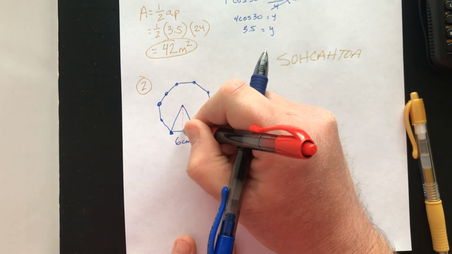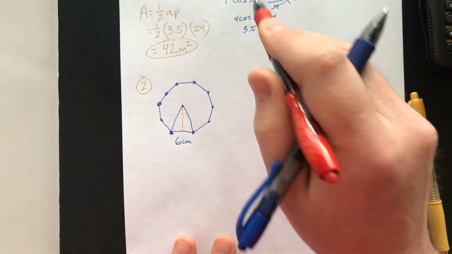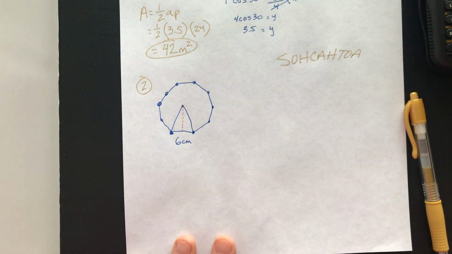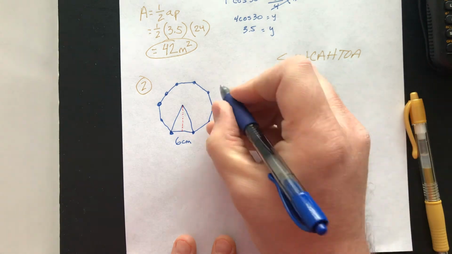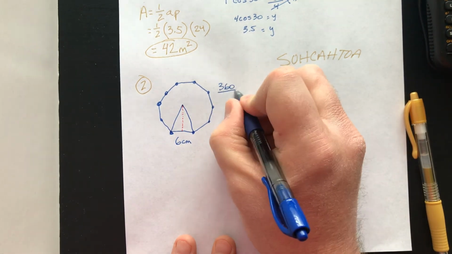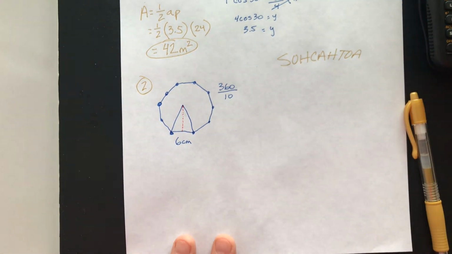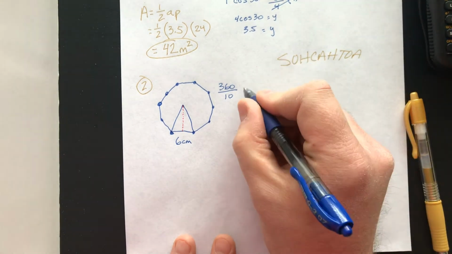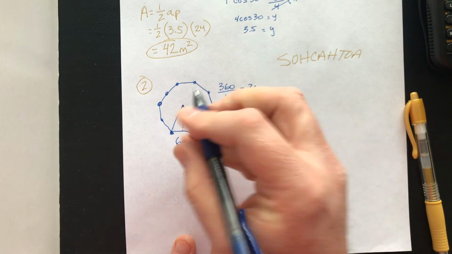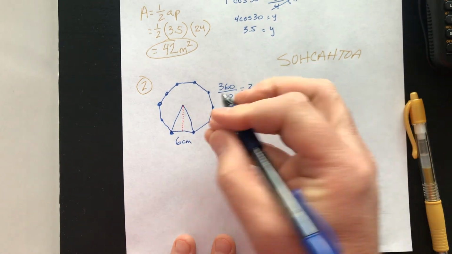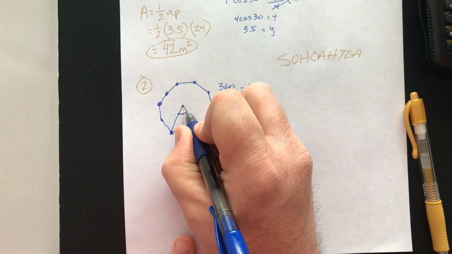Once again, I need to construct my opposite in there. Just like we did with the problem up top, I need to solve for my central angle. So it's 360 divided by 10 sides. It's always divided by the number of sides. So this is equal to 36. Now remember, that's the central angle, which runs from here to here.